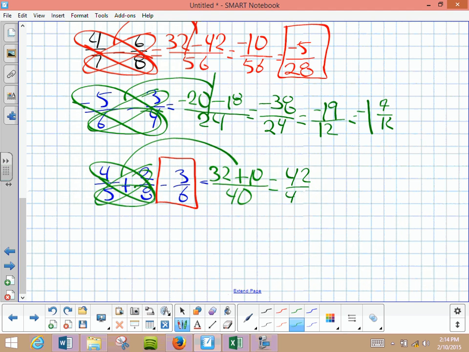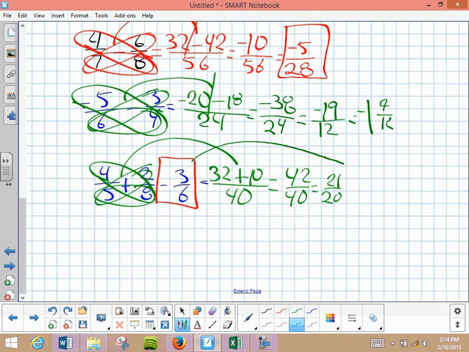42 over 40, which gives me 21 over 20, which is 1 and 1. Wait, not yet. We ain't done yet. We're not done, right? We have a little red box that tells us we need to come out.